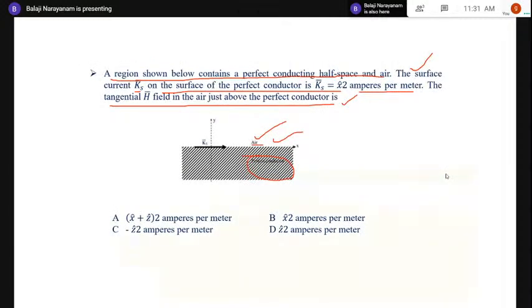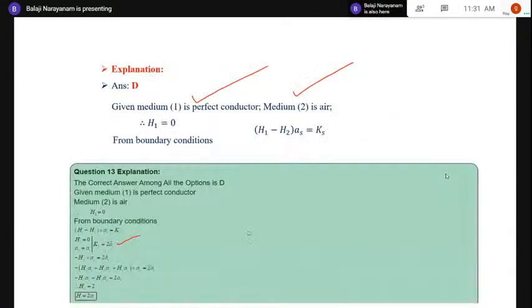Though it is given as 2x bar, for our comfort we take 2 ax bar, where ax is a unit vector along the x-axis direction. What is that x cap? It is nothing but a unit vector along the x-axis direction. So take that. This is what is given in the problem.